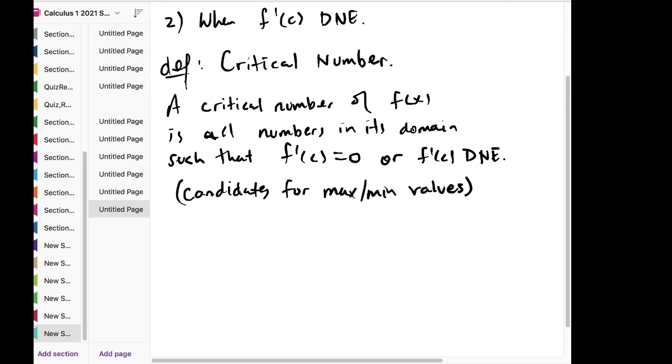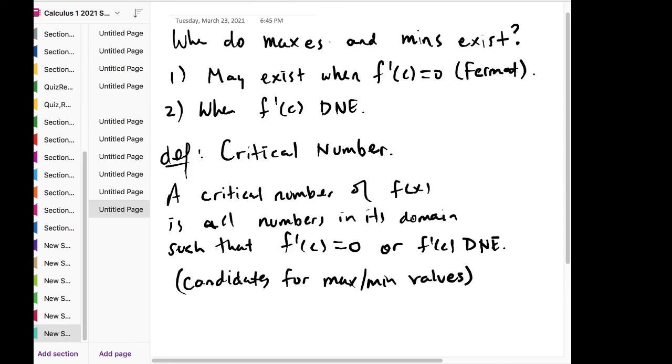All right, does that make sense? So if you think of it that way, then I think you can understand what a critical number is. It's just the candidates for a max and min to happen.